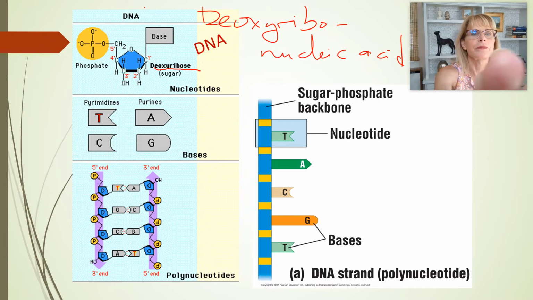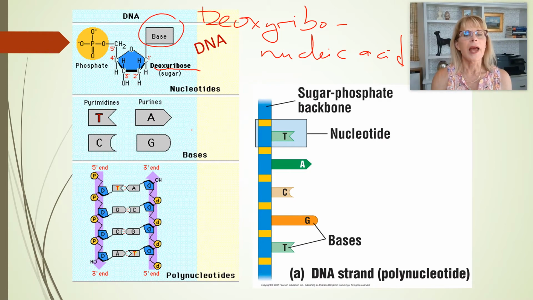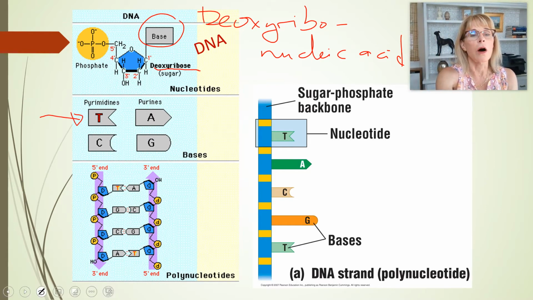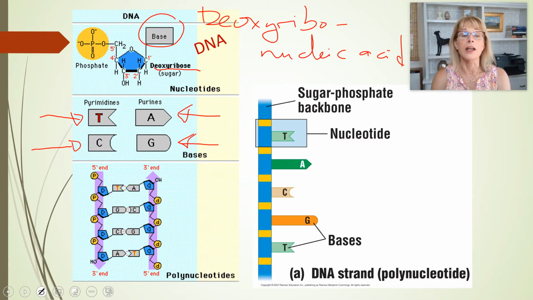Now, the base. This is the base right here. And when it comes to DNA, there are only 4 bases to pick from. Those 4 are T for thymine, C for cytosine, A for adenine, and G for guanine.